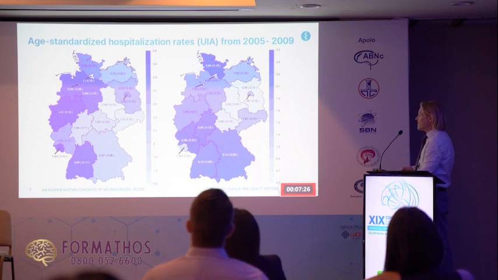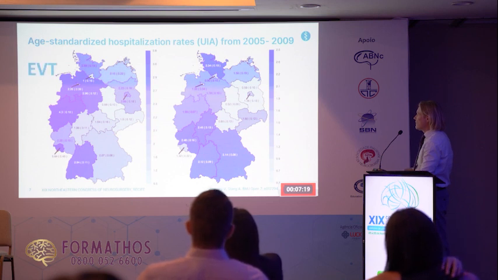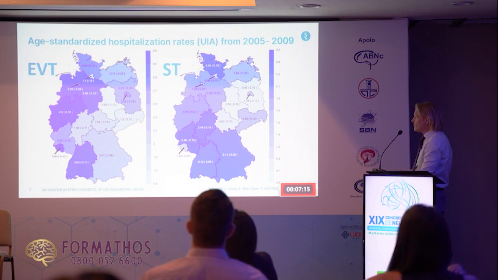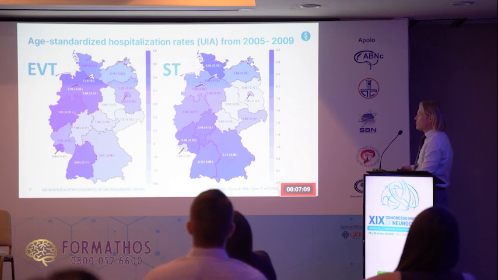This is the preponderance of treatment, with endovascular therapy on the left and surgical therapy on the right. This is a map of Germany, and looking at the dark blue spots, this shows a strong preponderance for endovascular treatment as opposed to surgical treatment, and vice versa.